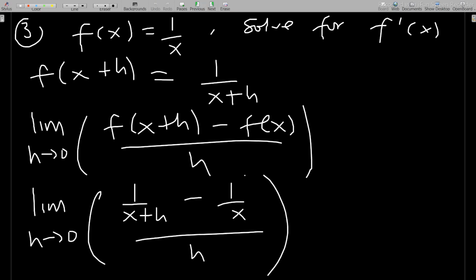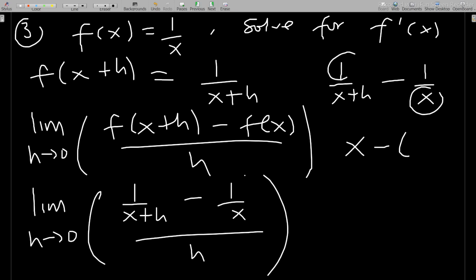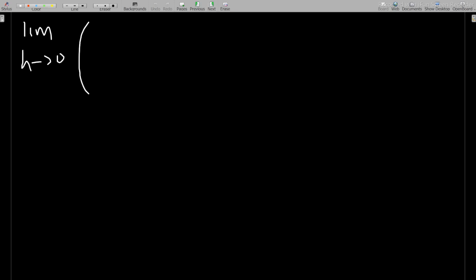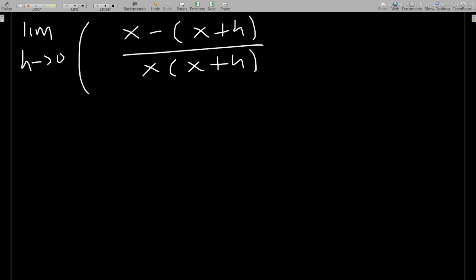Okay, this fraction, if you want to solve this fraction, is simply 1 over x plus h minus 1 over x. Okay, so first of all, multiply this and you get x minus the whole of this multiplied by 1, and I'll have x plus h all over the product of the two denominators. Okay, that is how you solve it. So the numerator will give us x minus (x plus h) all over x into (x plus h), all of the whole of this divided by h.